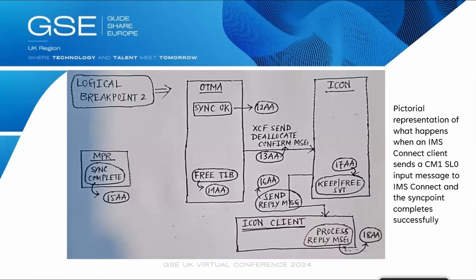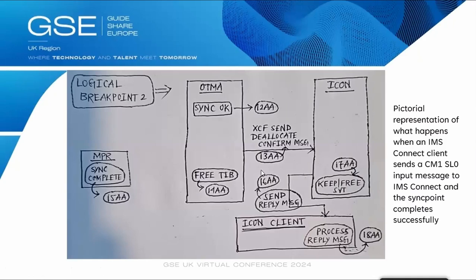DRRN is the actual address of the message within the IMS message queue, right? So when I say that OTMA frees the input message, it basically goes ahead and frees the DRRN of the message, right?